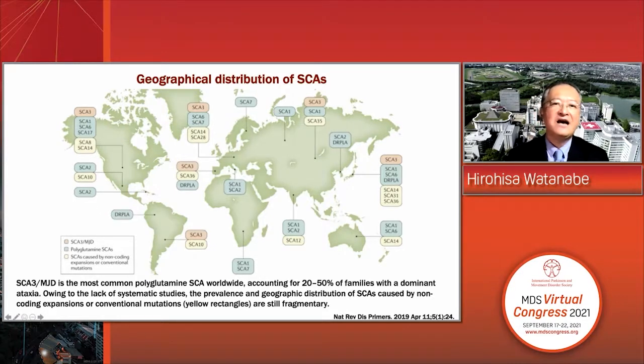Owing to the lack of systematic studies, the prevalence and geographic distributions of SCAs caused by non-coding expansion or conventional mutations, yellow rectangles, are still fragmentary, like this one.